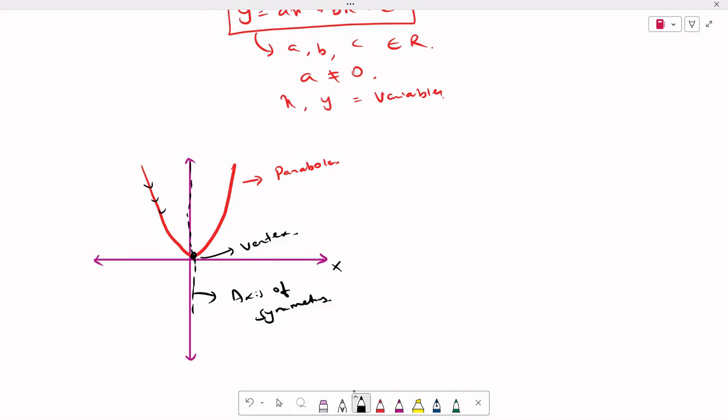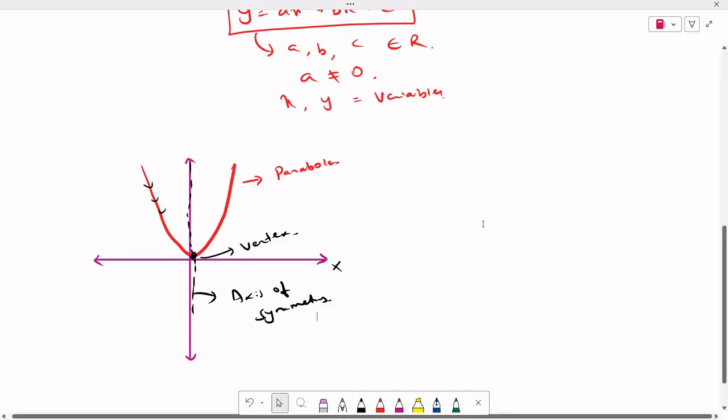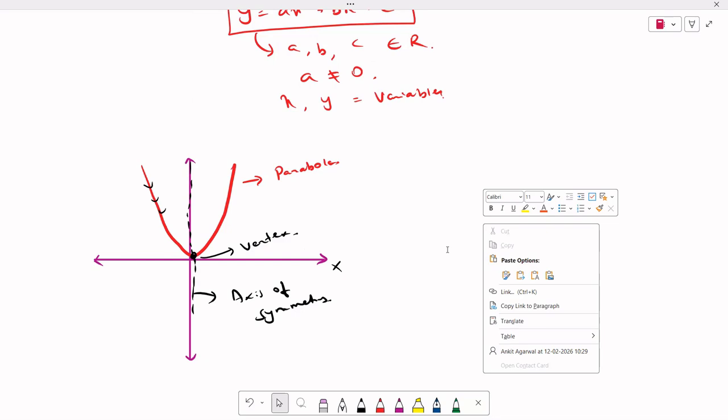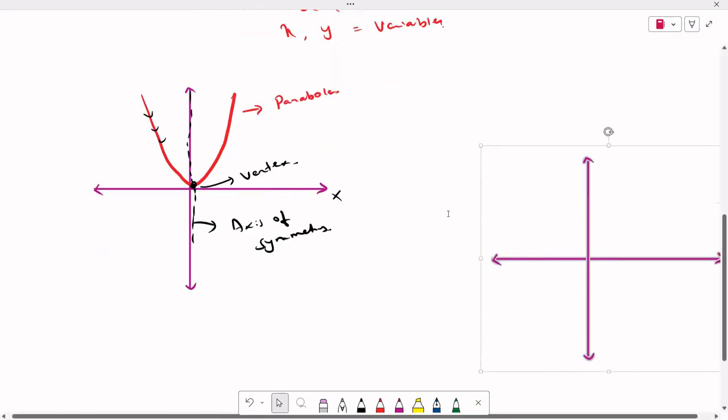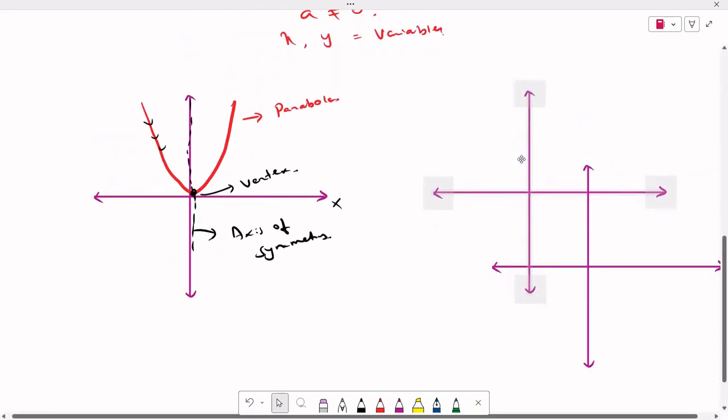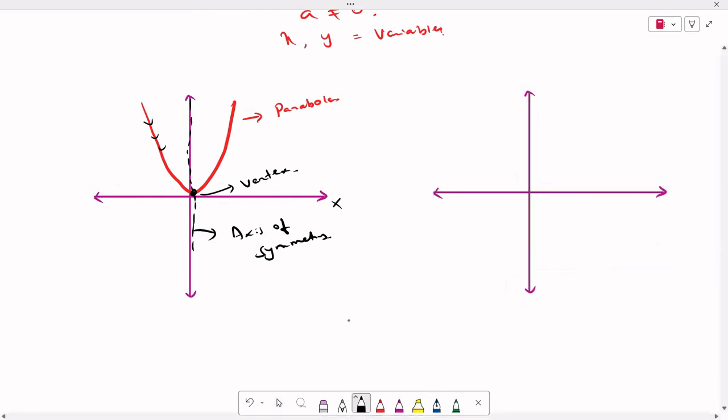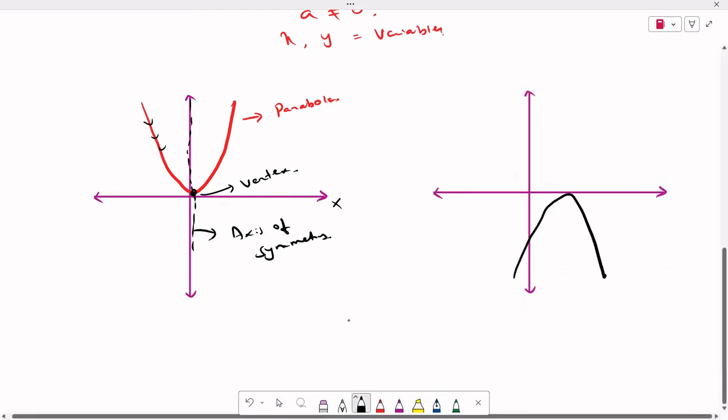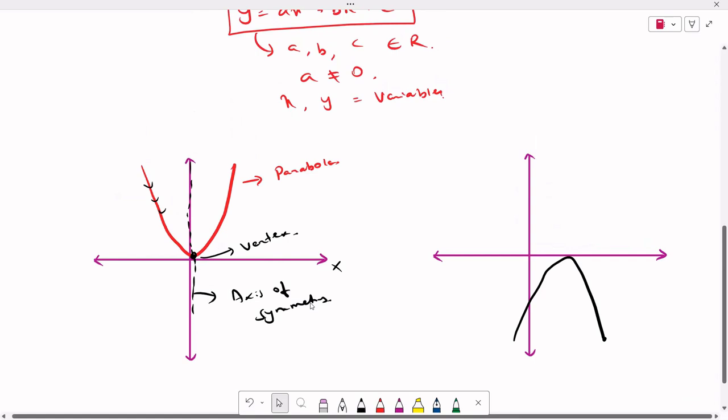We might have a parabola that has its mouth open towards up, or we might have a parabola that looks like this. The first one is what we call concave upward.